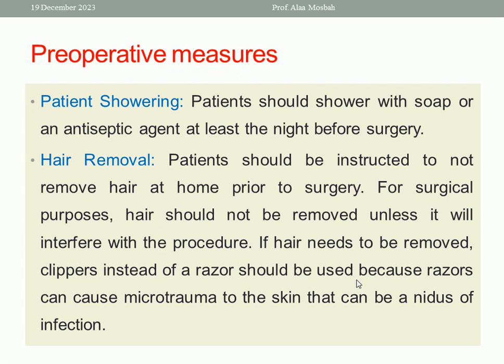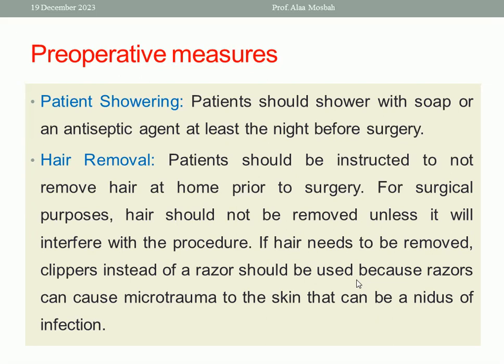Hair removal. What about hair removal? Should the patient do hair removal or not? Really, patients should be instructed not to remove hair at home prior to surgery. For surgical purposes, hair shouldn't be removed unless it will interfere with the procedure.